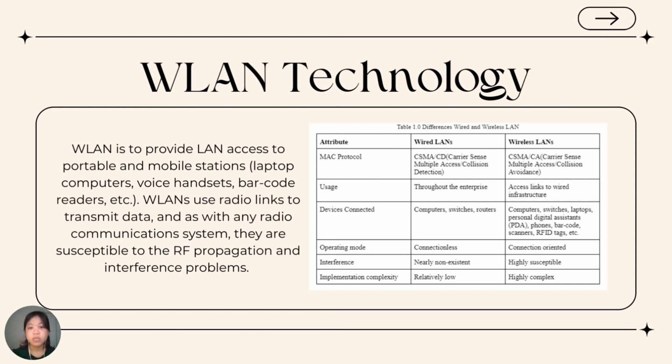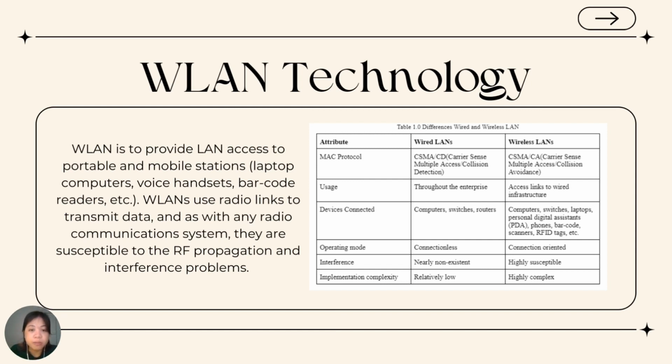As we can see on the slide, the table shows the differences between wired and wireless LAN. Wired LANs use CSMA/CD as their MAC protocol, while wireless LANs use CSMA/CA as their MAC protocol.